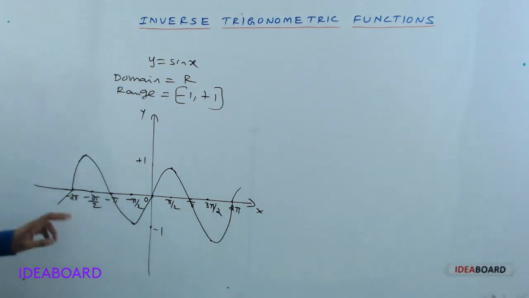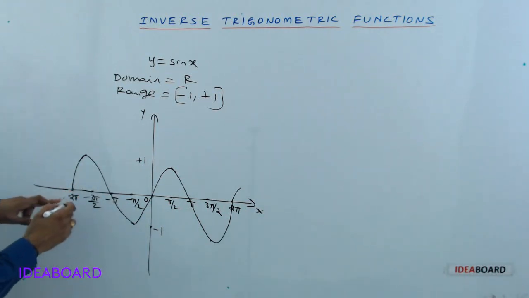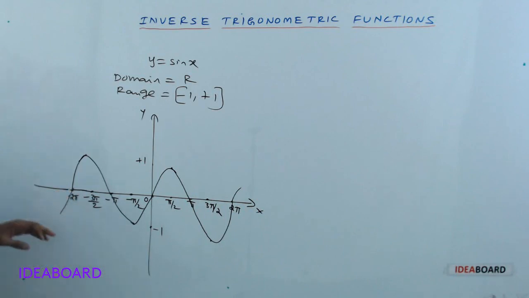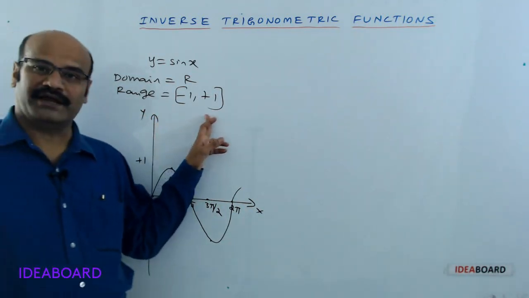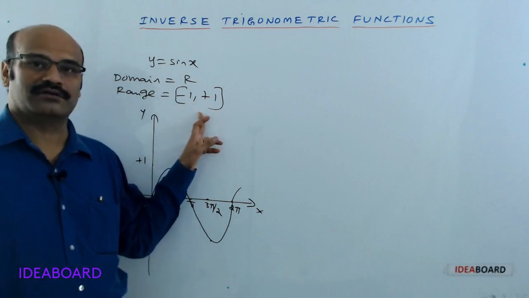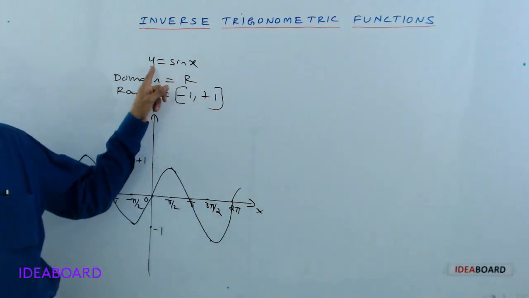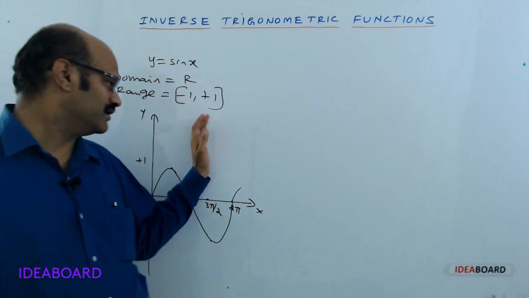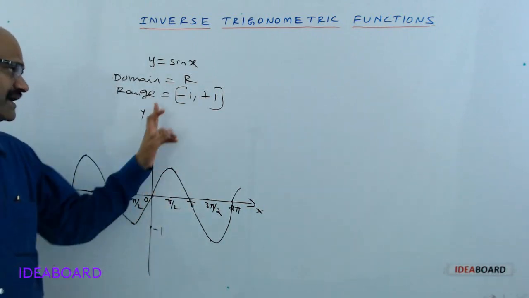This is the graph of y equal to sin x. Now we have to verify whether it is bijective or not. To define the inverse sine function, we have to verify whether this function is bijective or not.